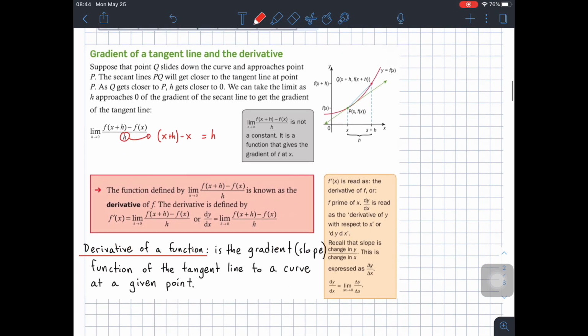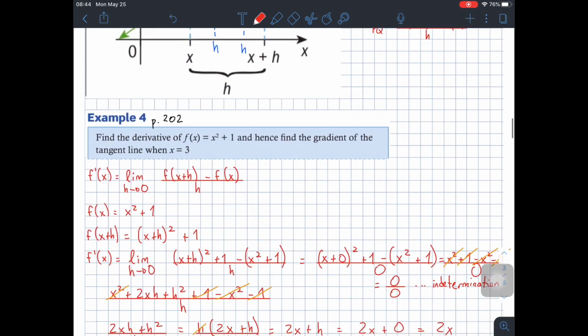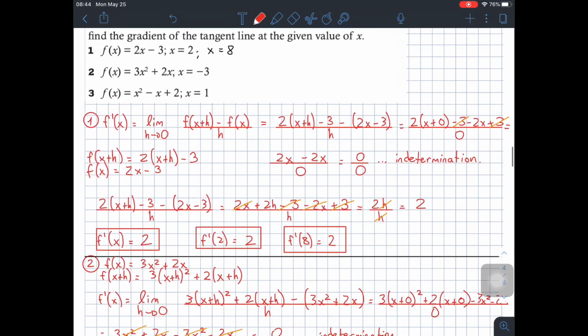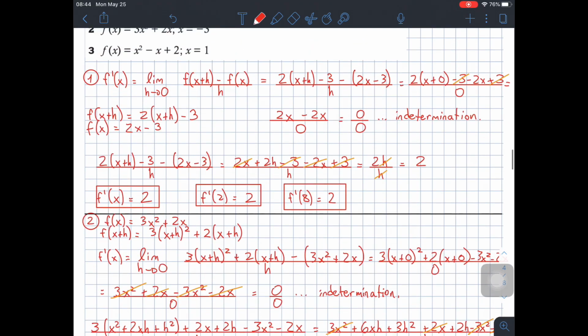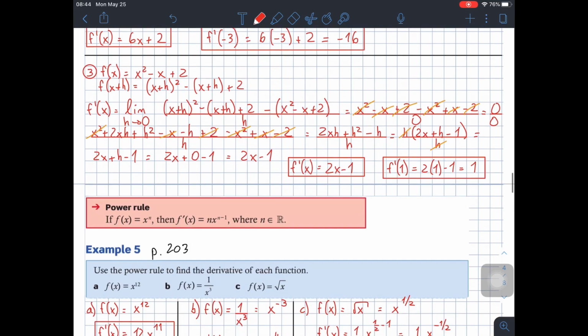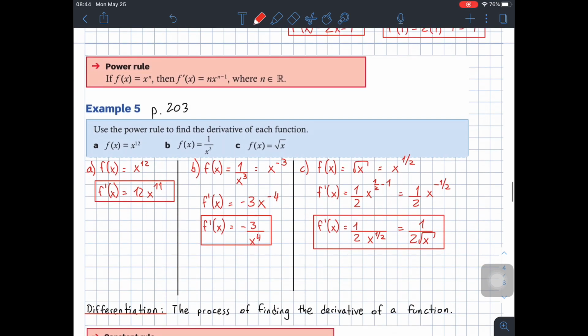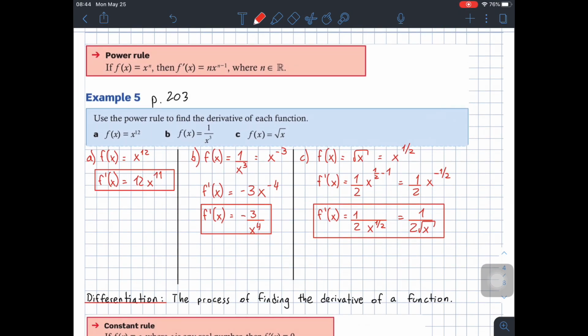In part 2 of this class, we have seen more examples about the definition of derivatives, and then we've seen a shortcut to finding the derivative of any type of function, which is x to the power of n, right?